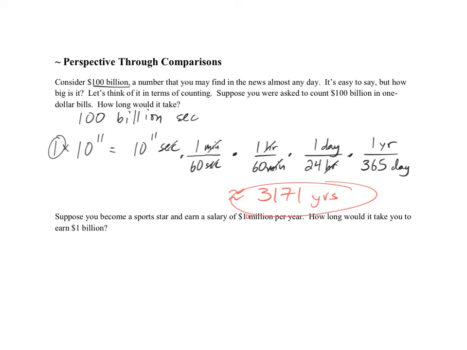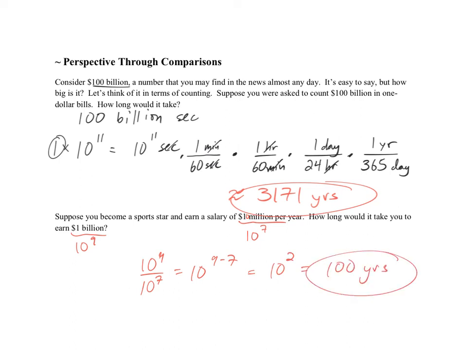Well, if you know 10 million is 10 to the 7th power, and you know 1 billion is 10 to the 9th power, we could just divide these. 10 to the 9th over 10 to the 7th. So all we have to do is subtract these exponents, top minus bottom, which is 10 squared, which everybody knows is 100 years.